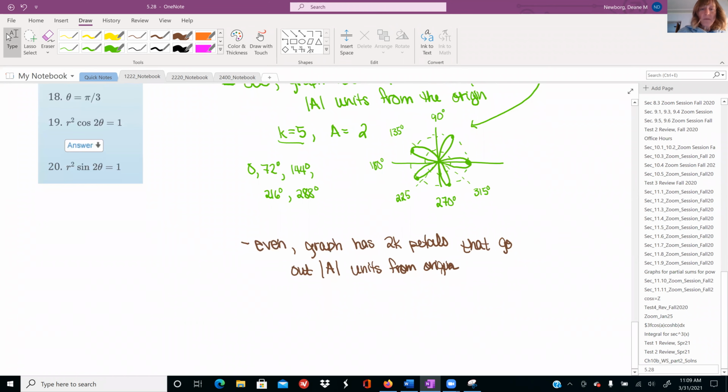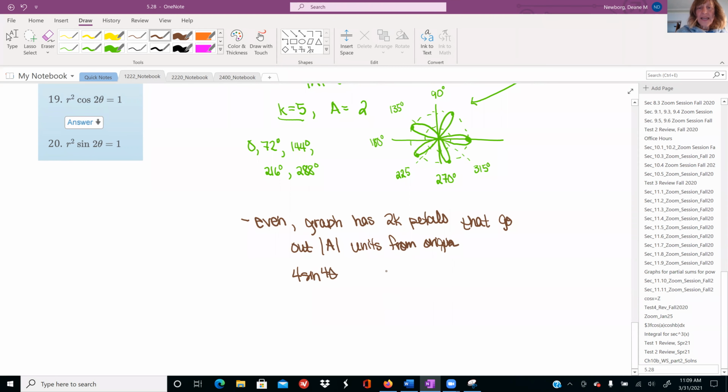So say we had a problem where it was 4 sine 4 theta. So that means 8 equally spaced petals.